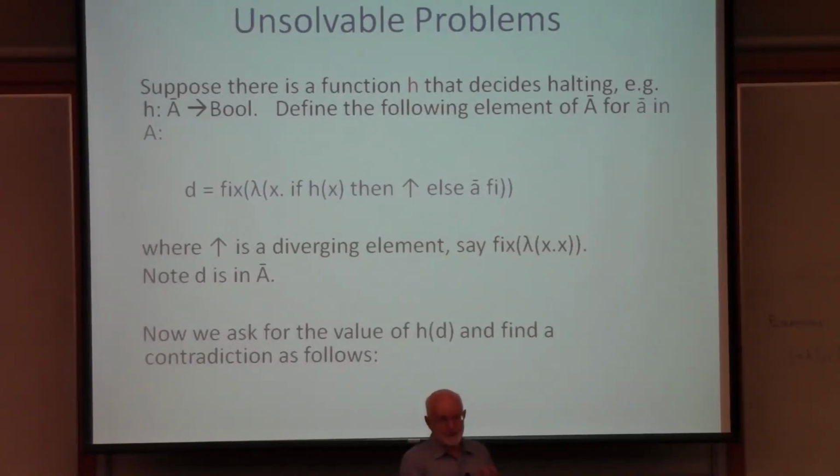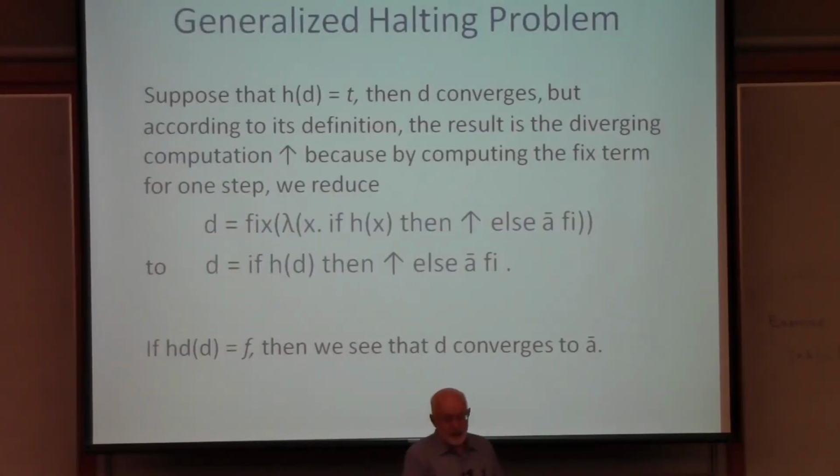And if H is false of the input, it will be some converging term. This A bar is just something that terminates in A. So think of the natural numbers, A could be 0, then it converges. Okay, so now let's suppose we have that function H that does its job.